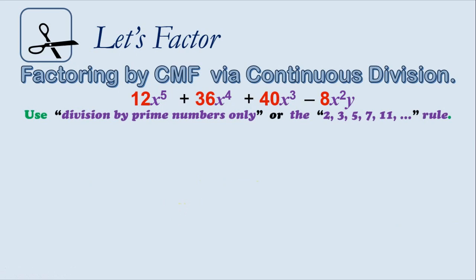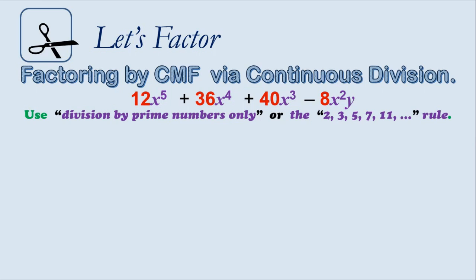To find the factored form in CMF factoring, we will be using the quickest method possible. Factor the numbers using division by prime numbers only, or the 2, 3, 5, 7, 11 rule, and via continuous division. Divide the numbers only by prime factors from the list of prime numbers.